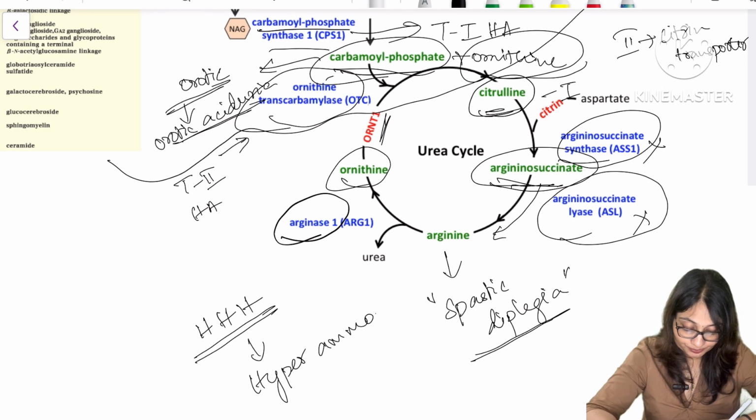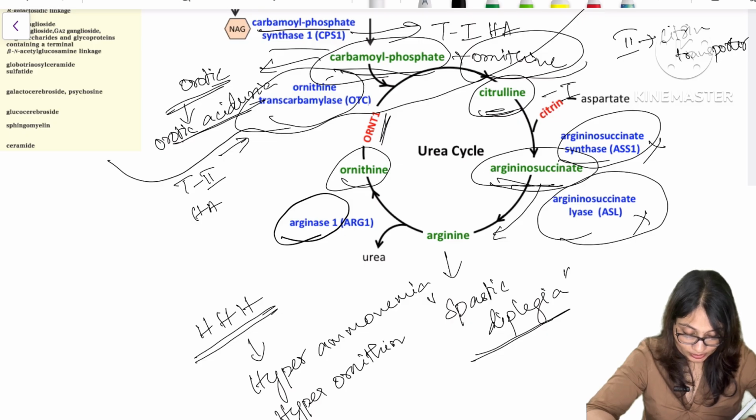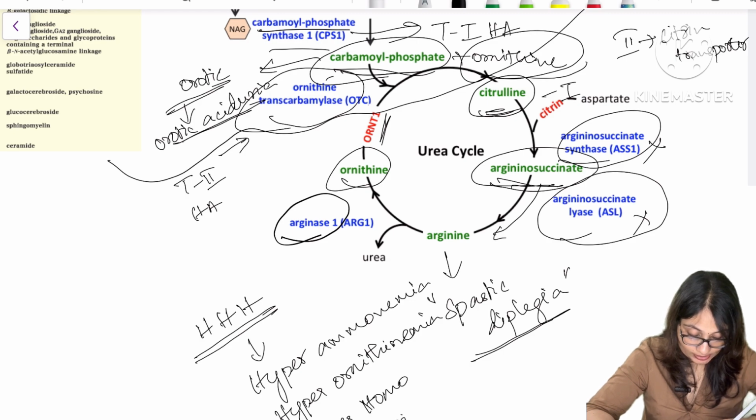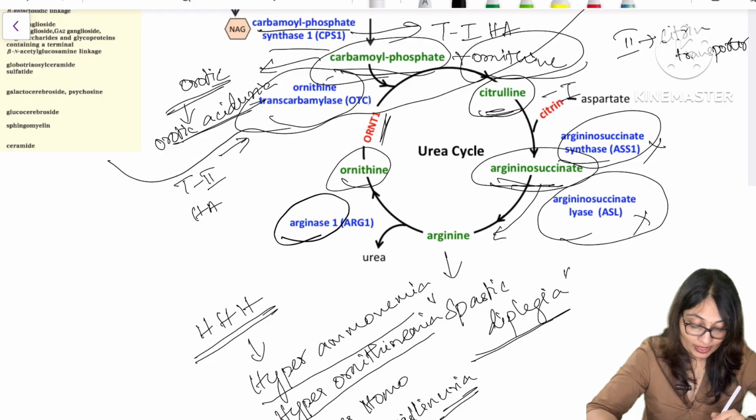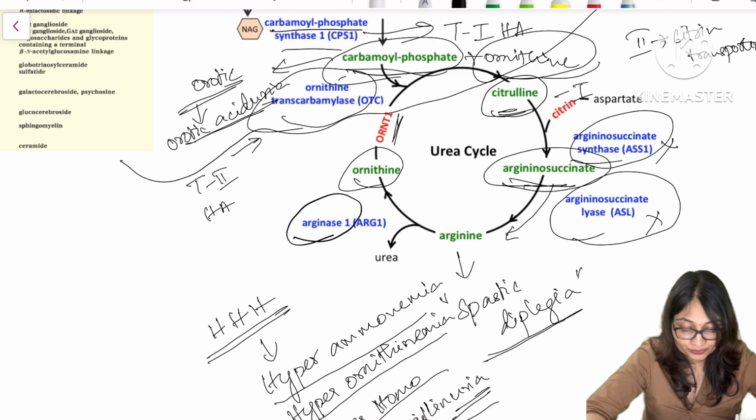Hyperammonemia, hyperornithinemia, and homocitrullinuria. Okay, it's not anemia, it is citrullinuria. That is nothing but your HHH syndrome.